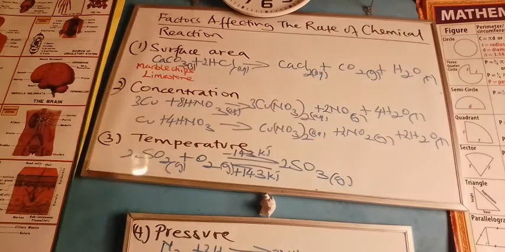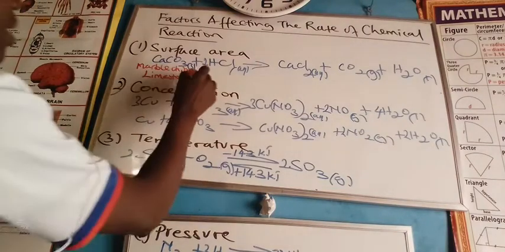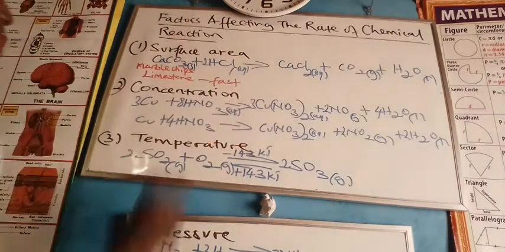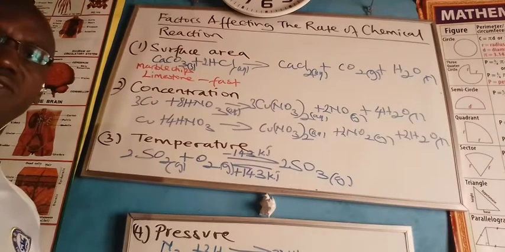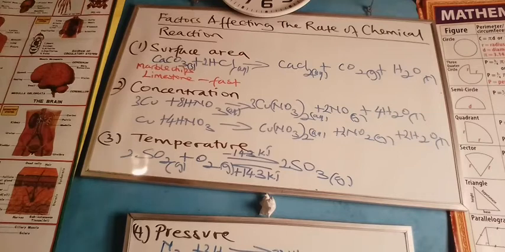So limestone is a powdery form of calcium carbonate. In that case, the reaction is fast. And being relatively fast, by virtue of having small particle size, which increases the chance for effective collision, then we can say that the particle size influences the rate of reaction.